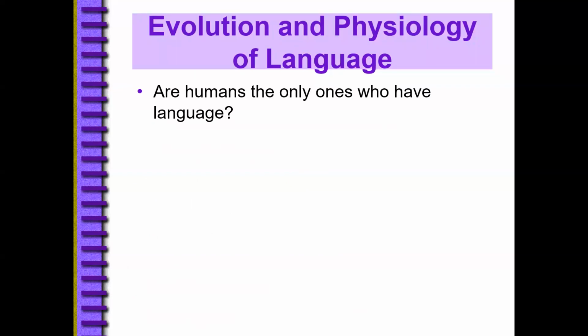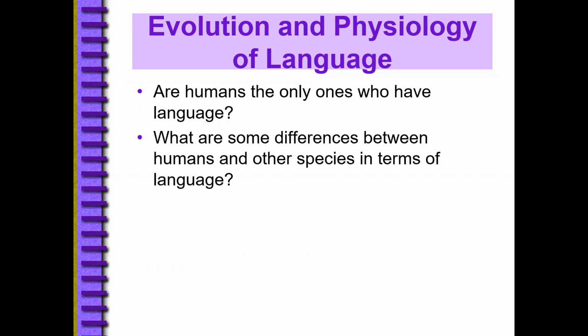Let's shift gears and think about across different species, thinking about are humans the only ones who have language? If we were in class, we would have a really awesome debate. I'm sure you guys would come up with some really good thoughts thinking about, do other species have language? When we're talking about different animals, we know that they definitely communicate with each other, right? Bees, dogs, cats, animals, they communicate with each other and across other species too.